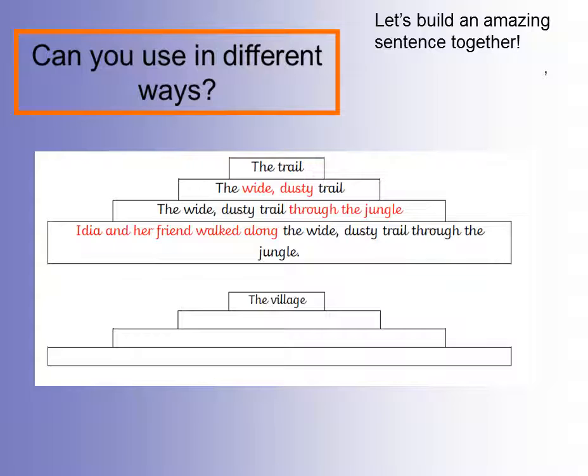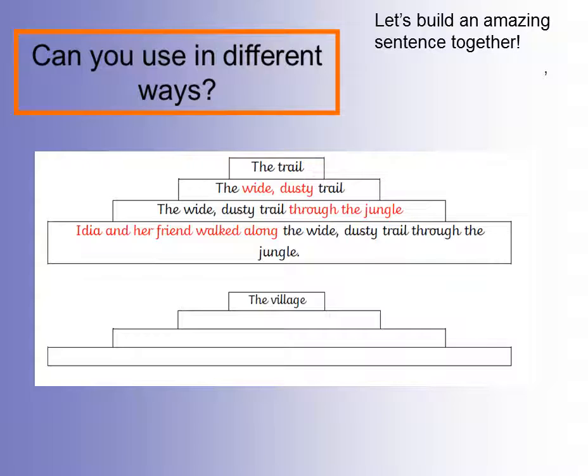And then in the third part of our pyramid we're telling our reader where that trail is. We're giving them a preposition, through. The wide dusty trail through the jungle. So now our reader knows what it is, how it's described and where it is.